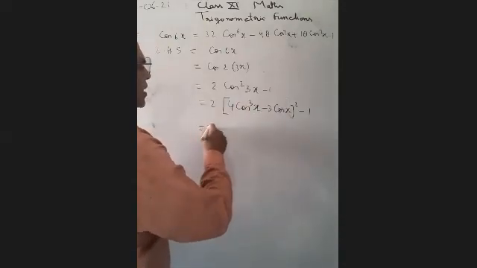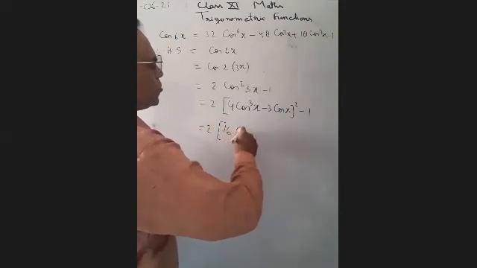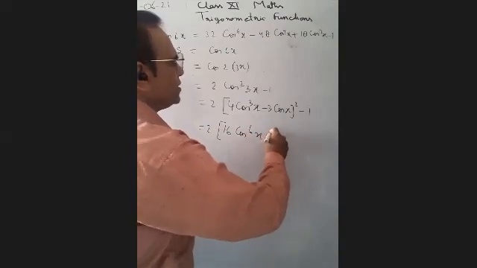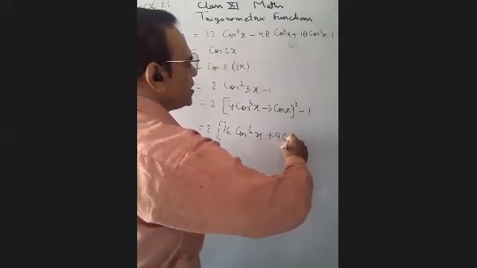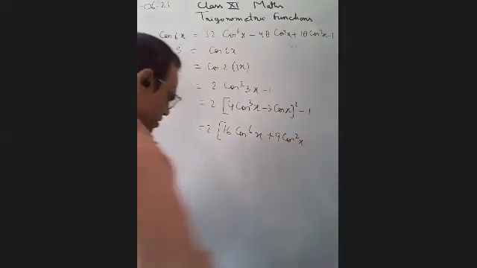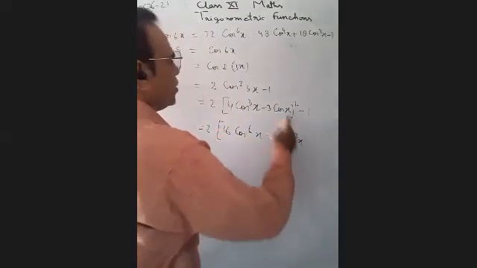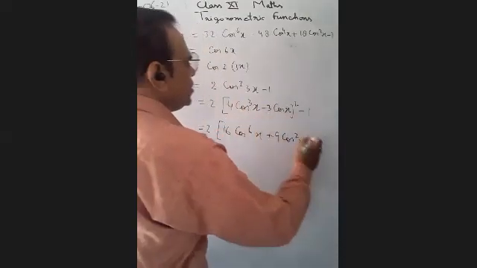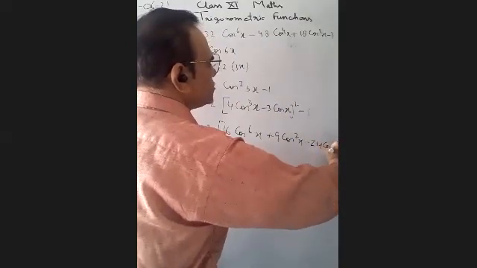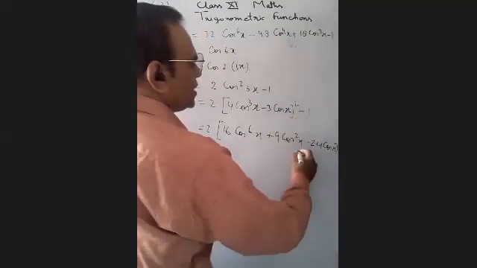If you use this identity, 4 square means 16 cos to the power 6x, plus 9 cos square x, minus 2 into 4 into 3 is 24 cos to the power 4x. This minus 1 we can write as it is.